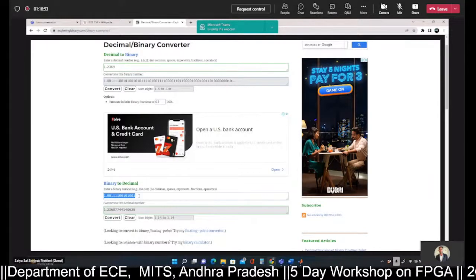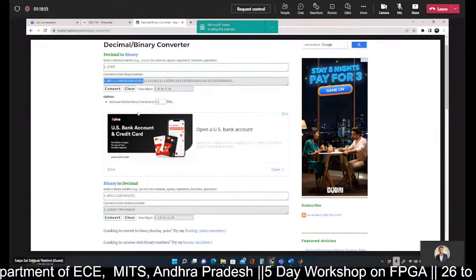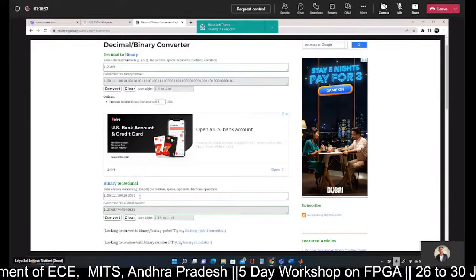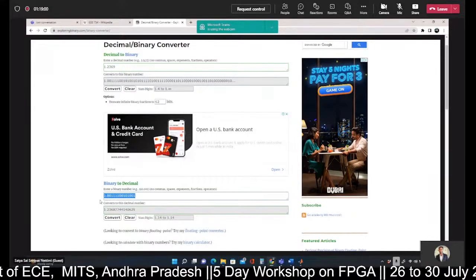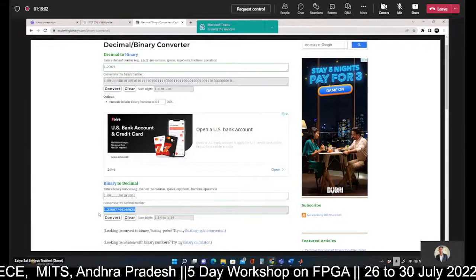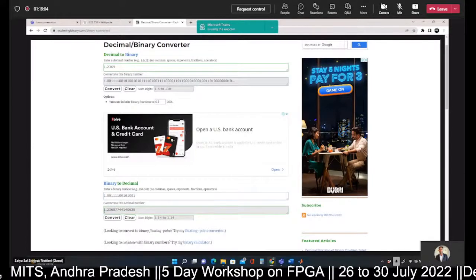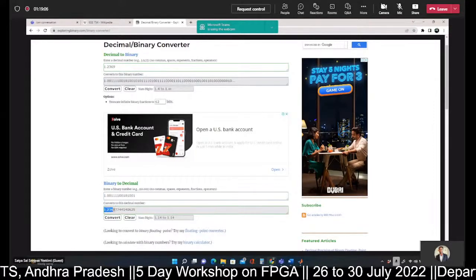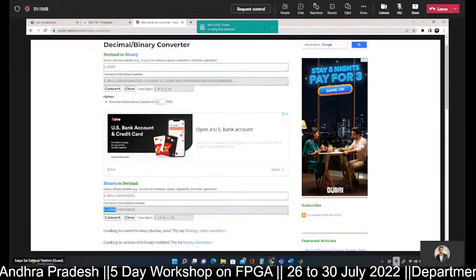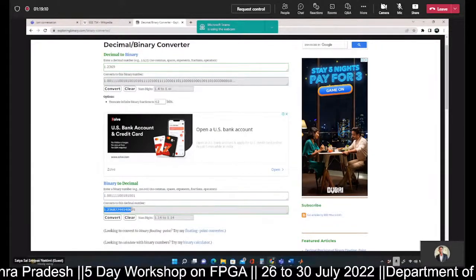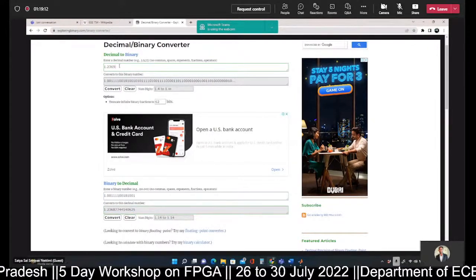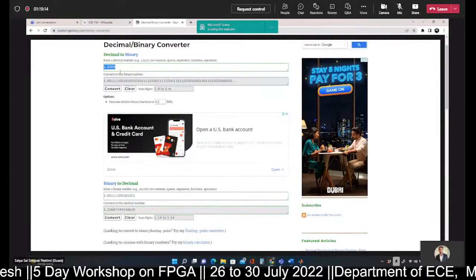And for the remaining 14 bits, you just copy from the top, and if you convert that binary fixed point representation into decimal format, we get the equivalent decimal value. That is 1.236877744140625. That is far less when compared to the actual value.